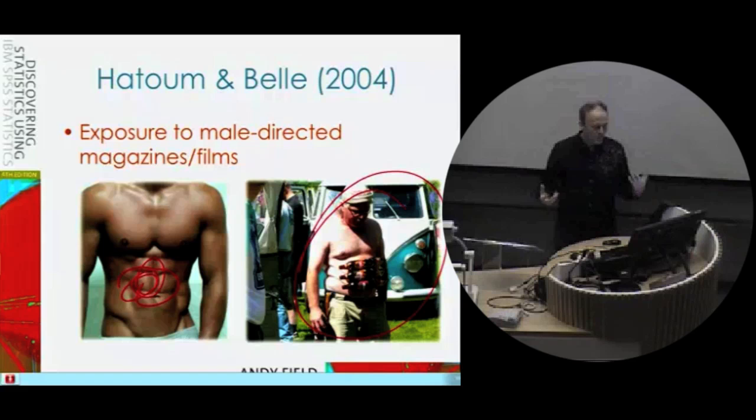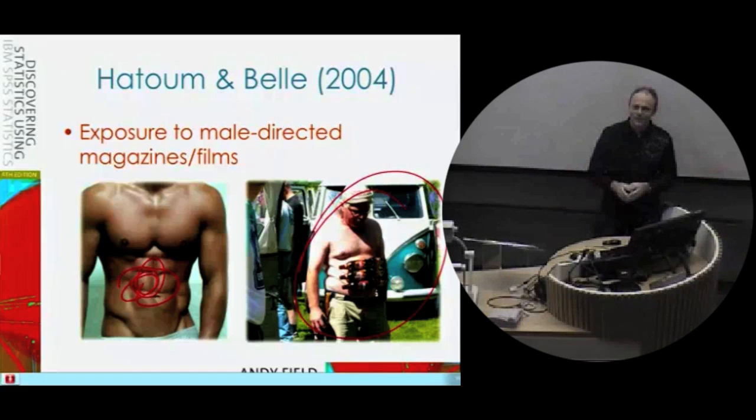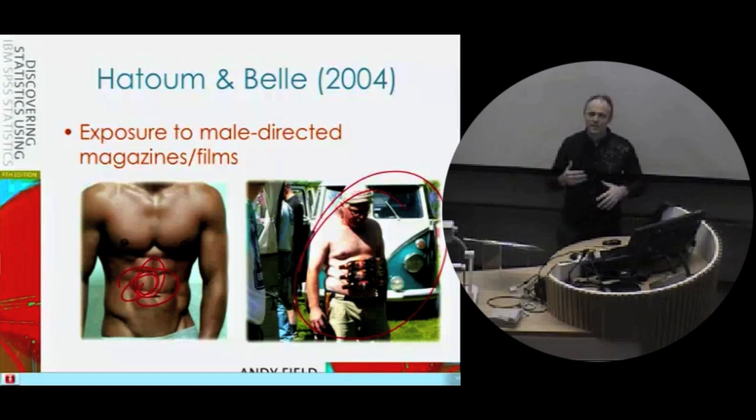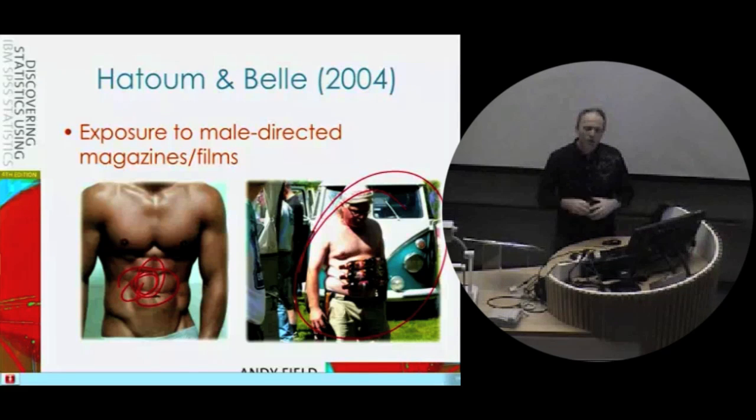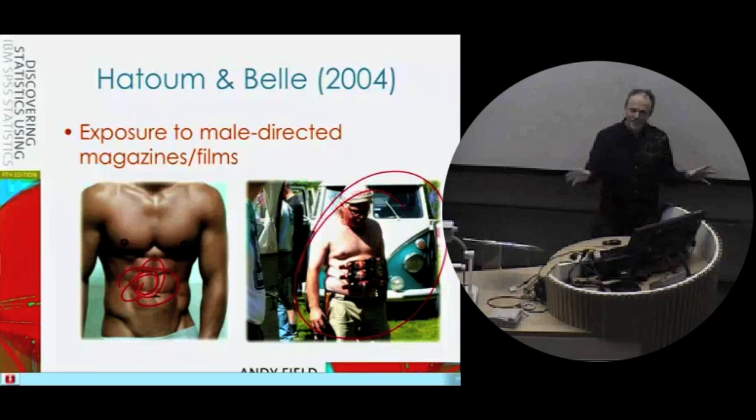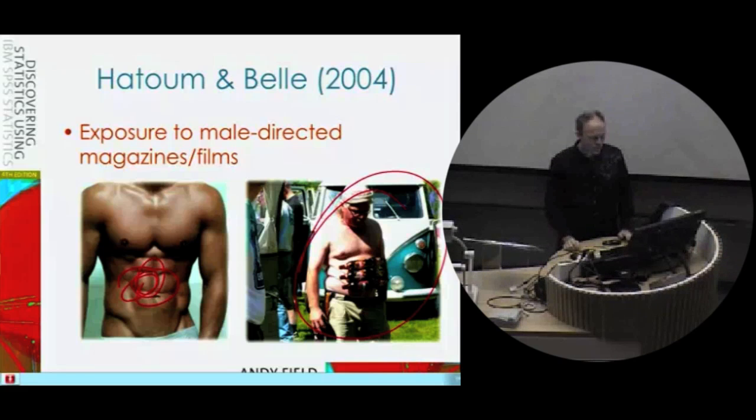So the manipulation we would want to do in an ideal world is to have a group of people who we expose lots and lots to these kinds of magazines or media images, and then have a control group of people who we somehow manage to protect from them in some kind of way. Now, obviously, it's not a perfect world, and people will see these images anyway, but that's ideally what we would do. We would completely isolate those groups.